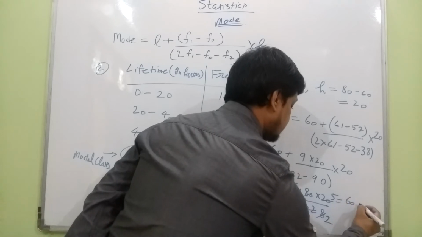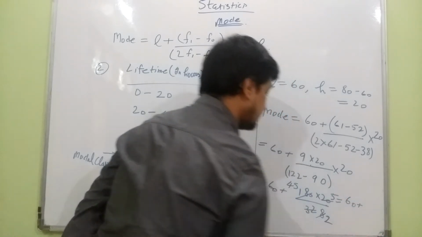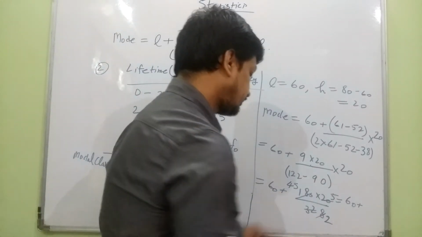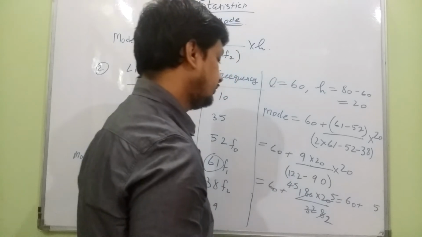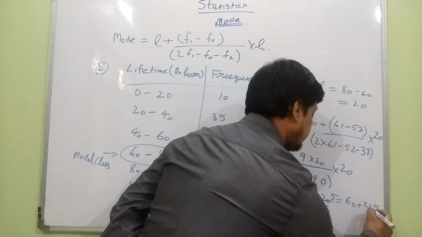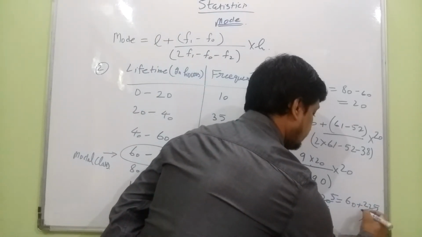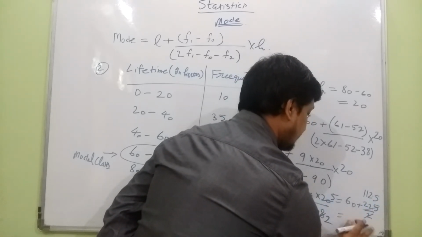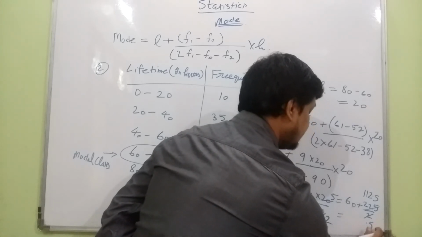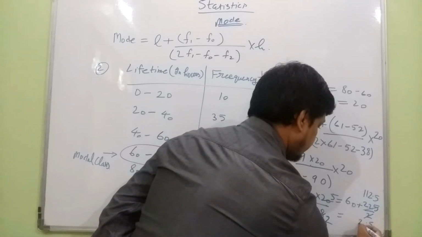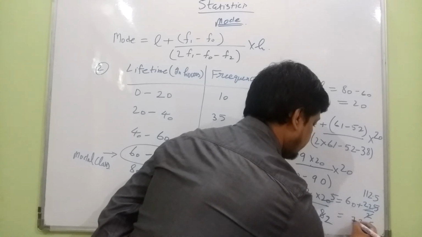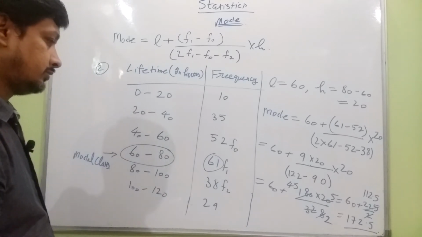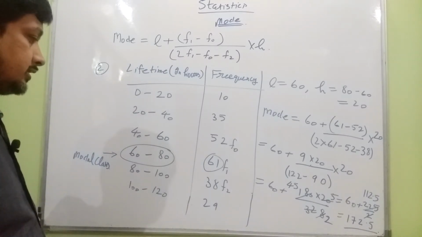So it will give you 60 plus 45 5 is 5 5 is 25, 5 4 is 20, 21, 22 upon 2. So reduce by 2, 2 1 is 2, 2 1 is 2, 2 2 is 4. So just add. What you will get? You will get 172.5, 60 to 80.